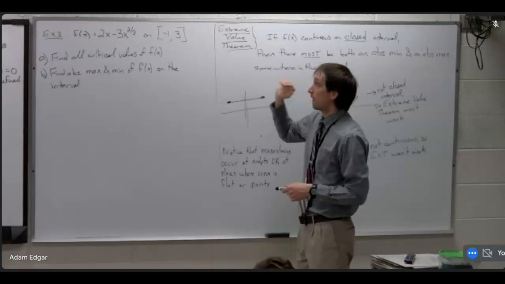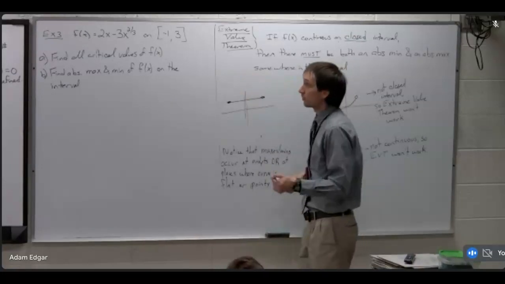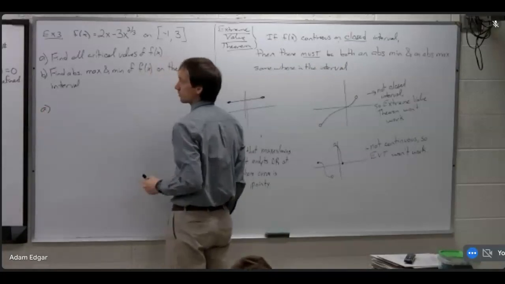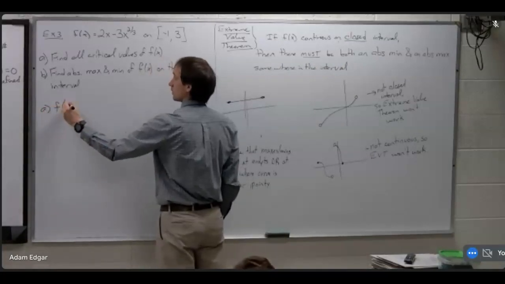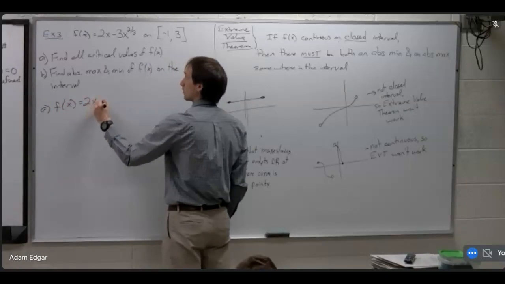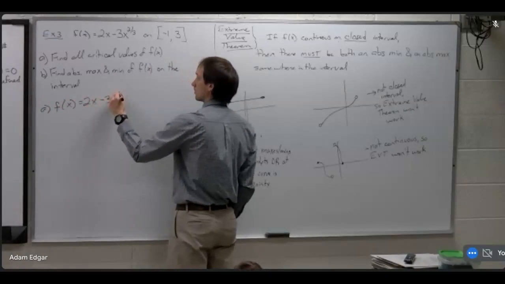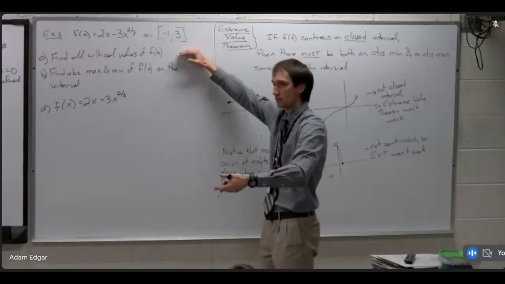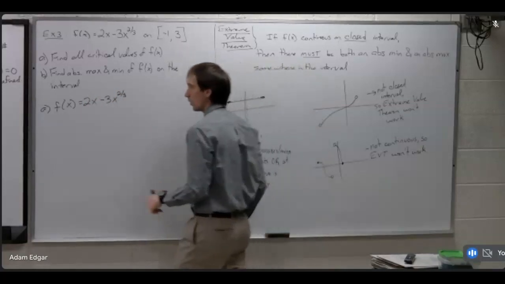All right. So find the critical values of f of x. So what do we do first? To find the critical numbers, what do I first need to find? The derivative. So go ahead and get your derivative.